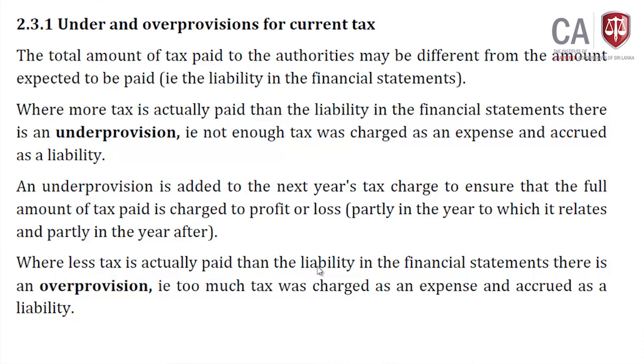That you will identify as under provision. Then under provision is adjusted to next year's tax charge to ensure that the full amount of tax is charged to profit or loss. Under provision is added to next year's tax charge.